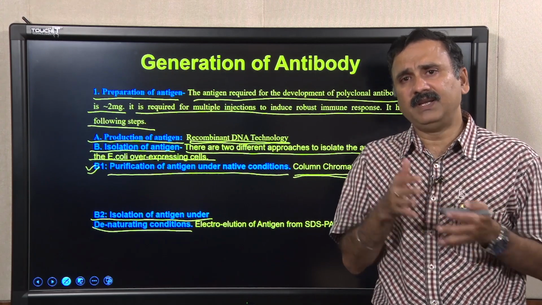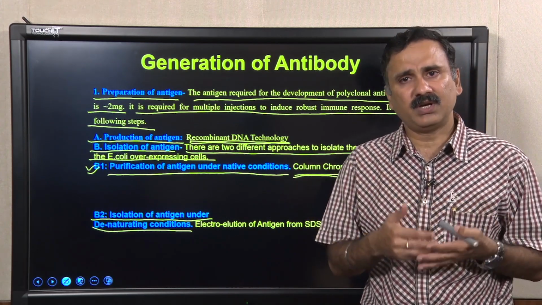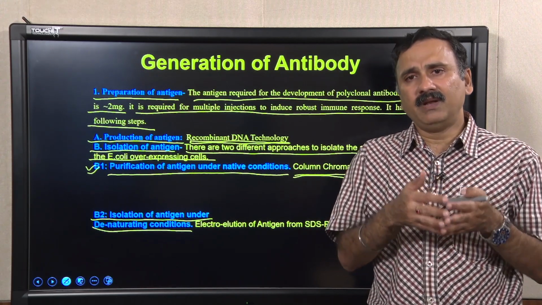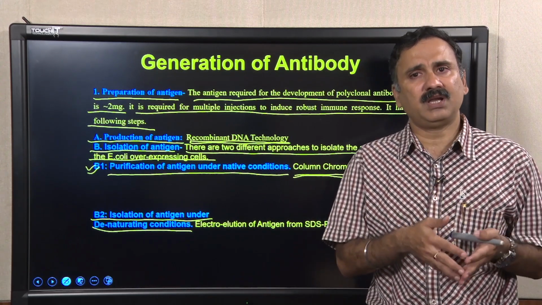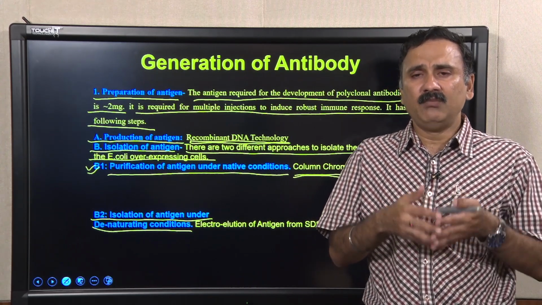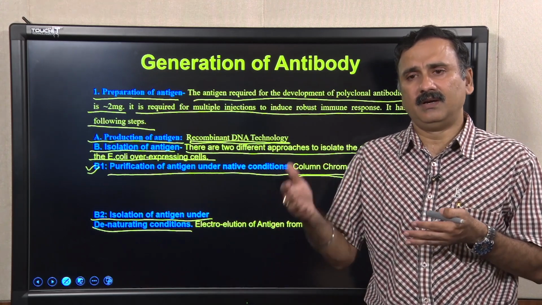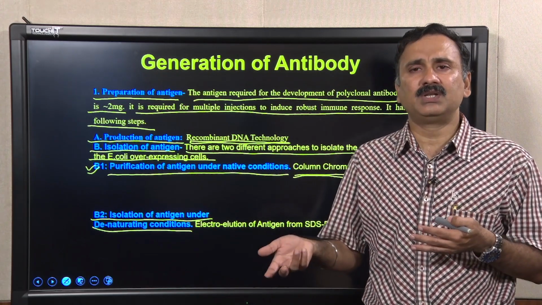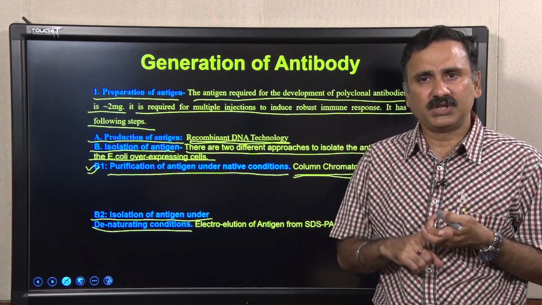So, under any of these conditions, you can purify the antigen under denaturing conditions, because whether the protein is present in native or denaturing conditions, the overall immune response does not vary, because even a protein under native conditions is going to be denatured while you process it for the injections.